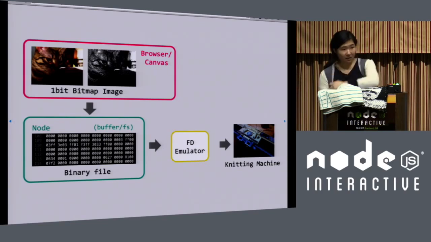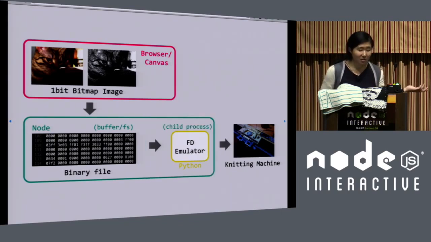Now I have a binary file. How do I put it into the machine? Well, the floppy disk emulator currently runs in Python. I'm sure that we can rewrite it in Node using Node serial port, but I haven't had the time to do so yet. However, because it's Node, you can just use child process to run the Python script inside of your Node script.